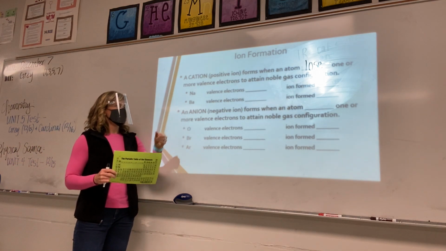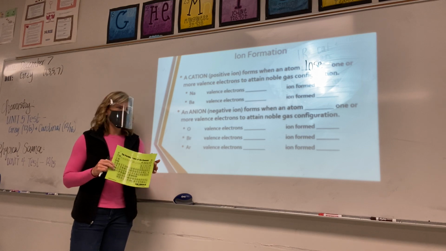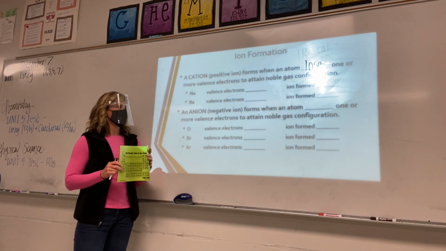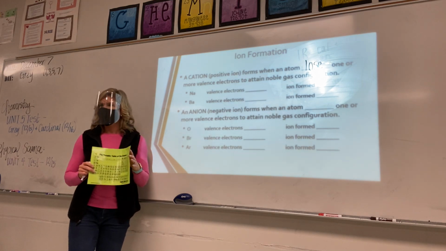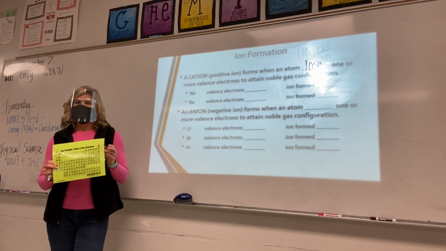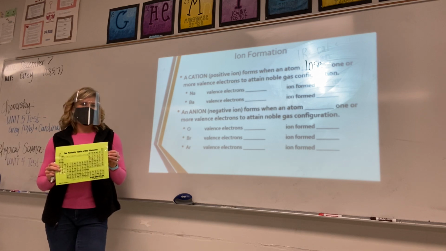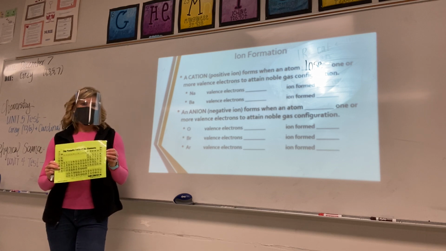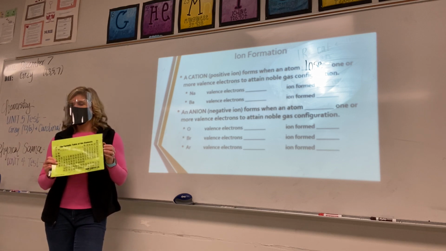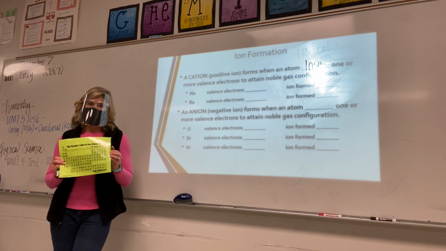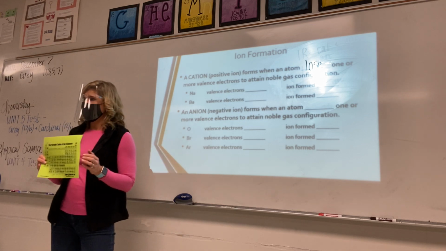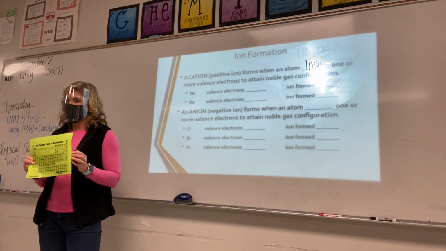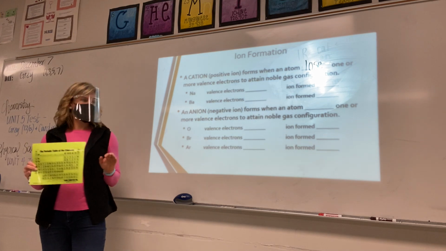So we're going to go through some practice here. Making sure we understand this is going to be vital to our ionic bonding chapter that we're going to cover next. Okay, so this is just kind of entry to that.